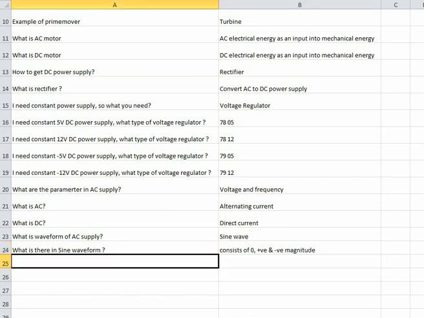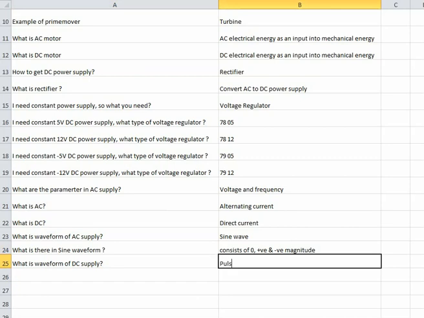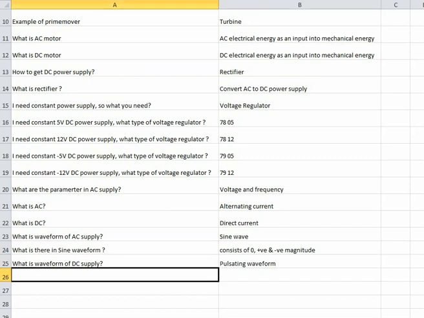Okay. What is the waveform of DC supply? Pulsating waveform. Very good. So suppose I need a pure DC waveform.